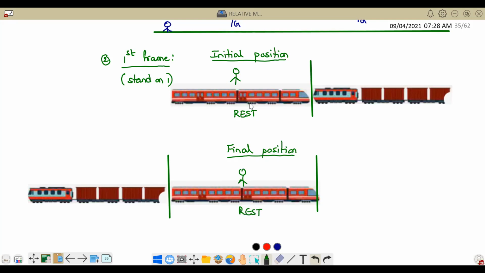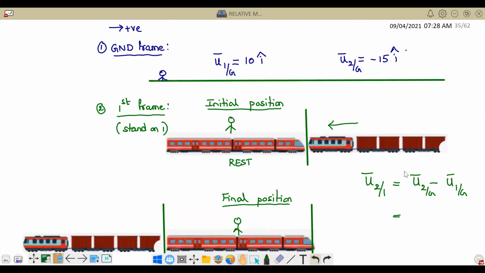Now when you stand on 1 and observe 2, what is the velocity of the second train with respect to 1? Tell me. What is the formula? U of 2 minus U of 1. Here the values are with respect to ground. What is the velocity of the second train with respect to ground?